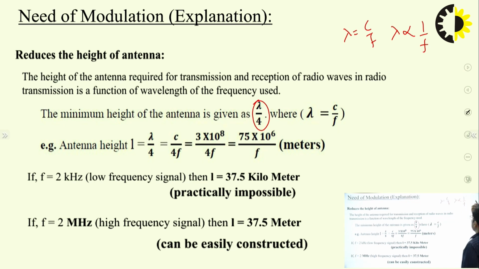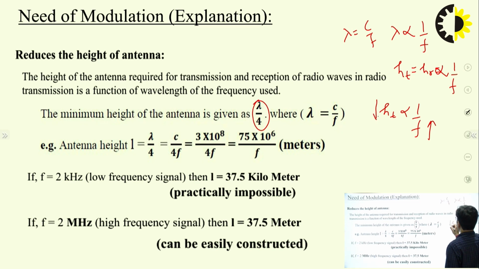So the height of the antenna, transmitting or receiving, is inversely proportional to the frequency. If frequency increases, the height of the antenna will decrease. If frequency decreases, the height of the antenna will increase, right?